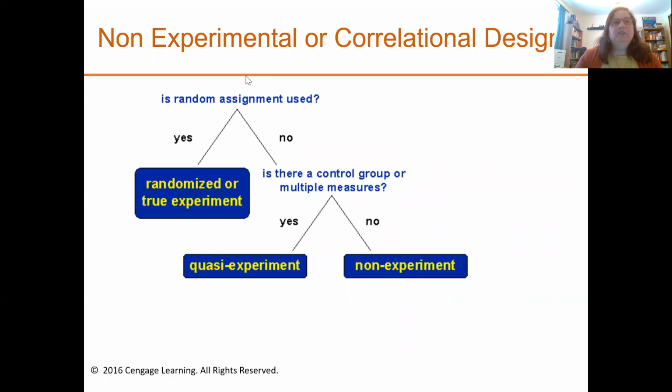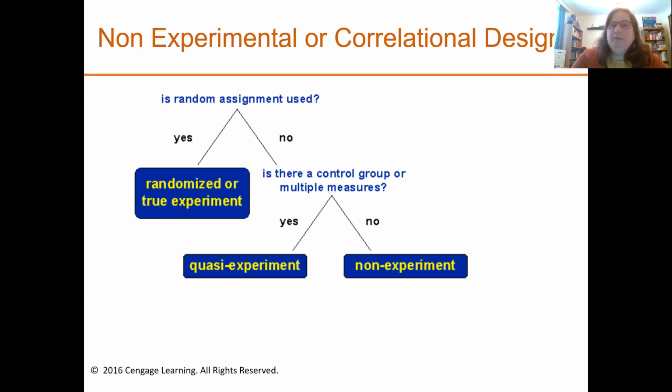Okay. So then finally, we come to a non-experimental or correlational design. Okay, and this goes back to the beginning again. Is random assignment used? Yes, randomized or true experiment. If no, is there a control group or multiple measures? Yes, quasi-experiment. No, non-experiment. So a perfect example of this: let's just look at age and IQ.